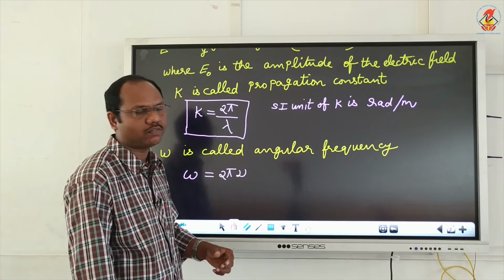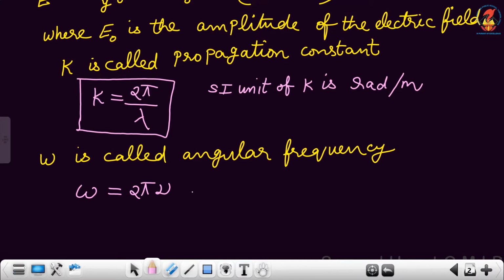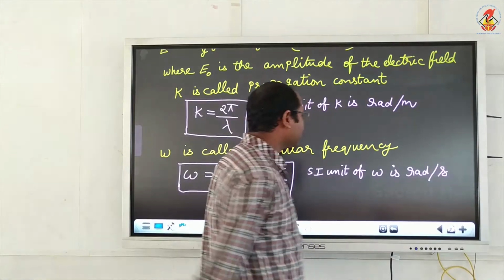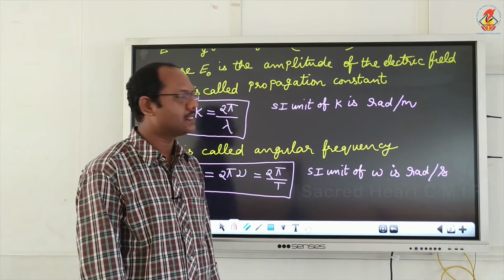So, omega equals 2 pi nu, or you can write 2 pi by T, where T is the time period. So, this is the equation for omega. What is the SI unit of omega? 2 pi by T gives radians per second. So the SI unit of omega is radians per second.